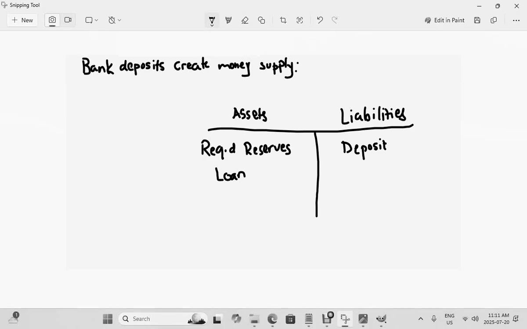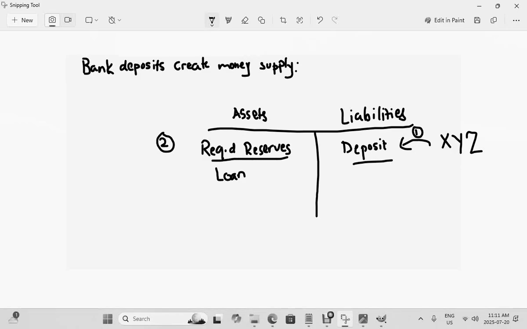Now what ends up happening is, when an individual, let's say XYZ, makes a deposit, this deposit ends up under the bank's liability. Now, out of this deposit, let's say this is step one, the bank will put aside a certain amount of money as required reserves.